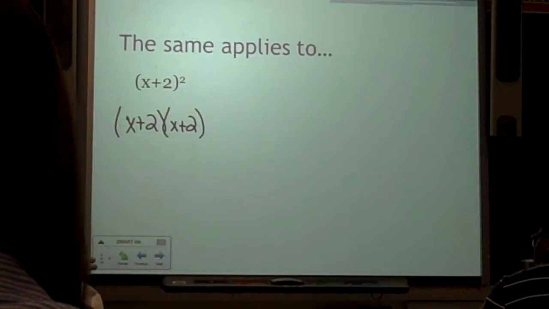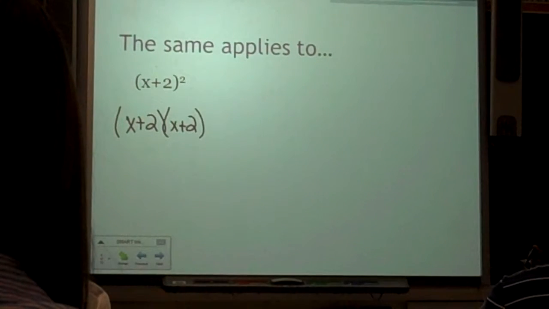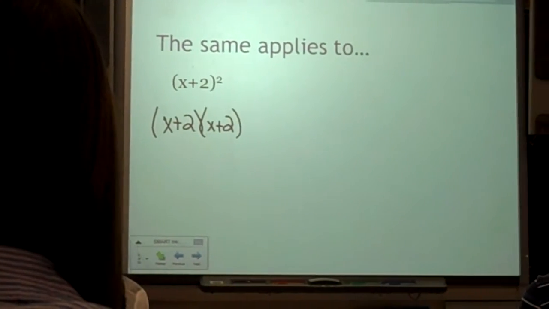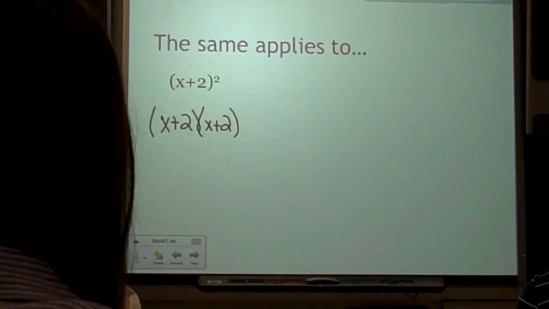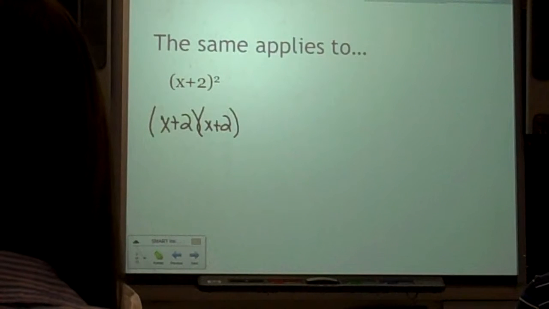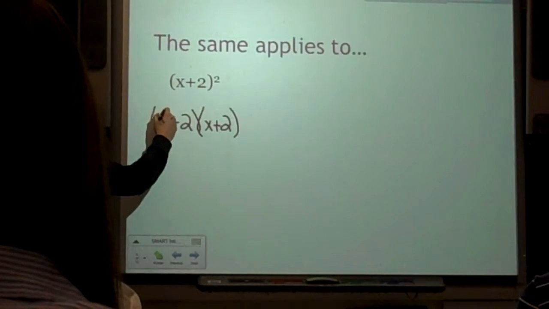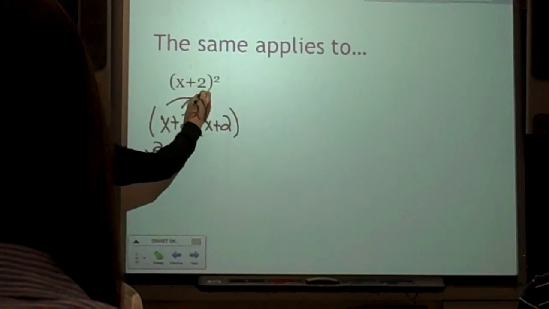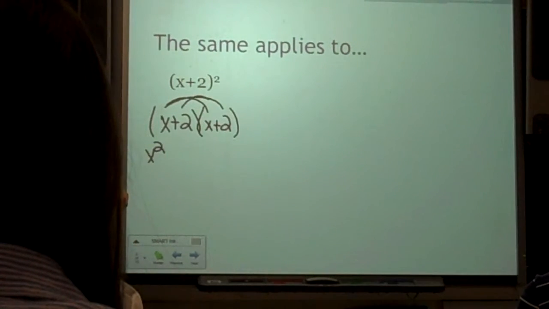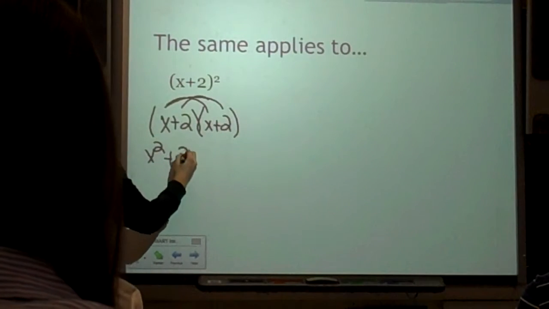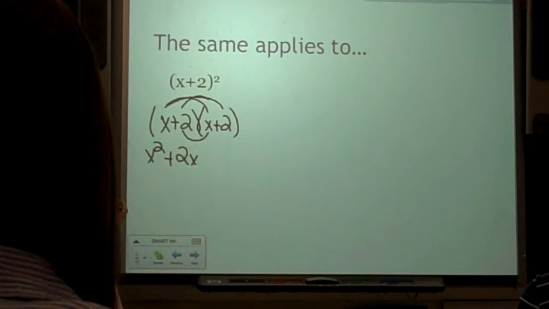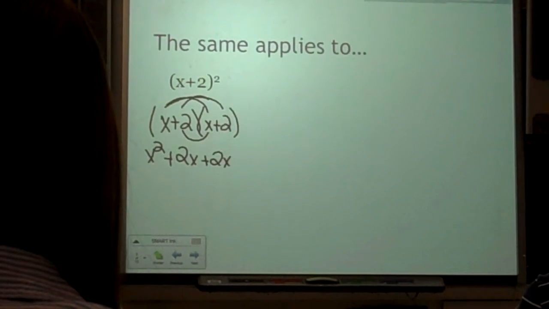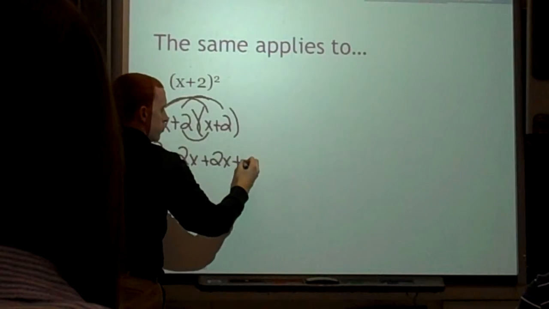I must not have asked the question clearly. I'm sure you all knew this. So, now what can I do from here? I can distribute, FOIL, or do any of the above. So, x times x, x squared, x times 2, 2x, 2 times x, 2x, and then 2 times 2, which is 4.